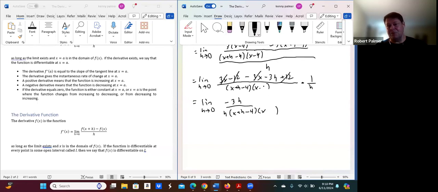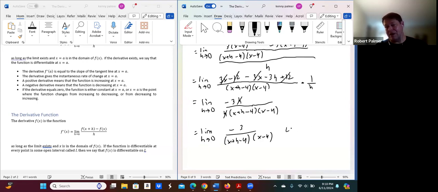This would be x minus 4 here and here. Make sure you see that. Now these h's cancel out. So the limit as h goes to 0 of negative 3 over x plus h minus 4 times x minus 4.